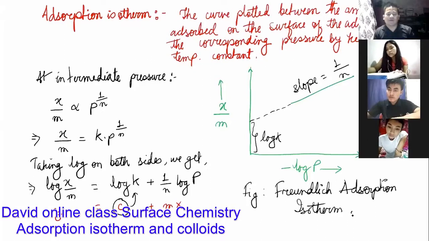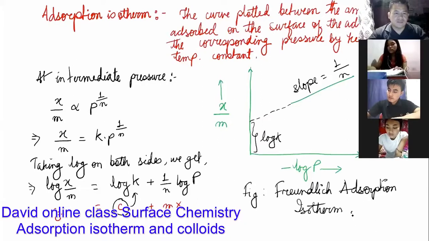So copy the adsorption isotherm definition. It is a graph plotted between extent of adsorption, how much amount of gas is adsorbed on the surface of the adsorbent, versus pressure.